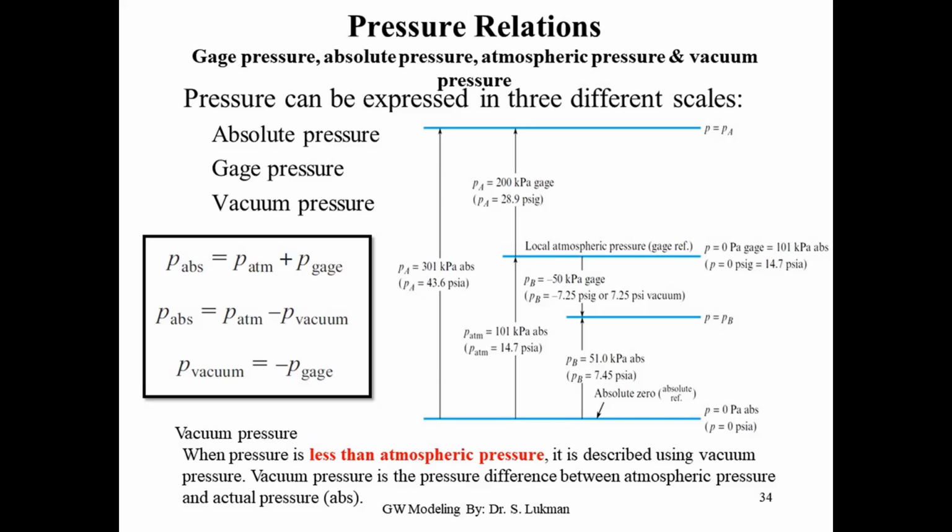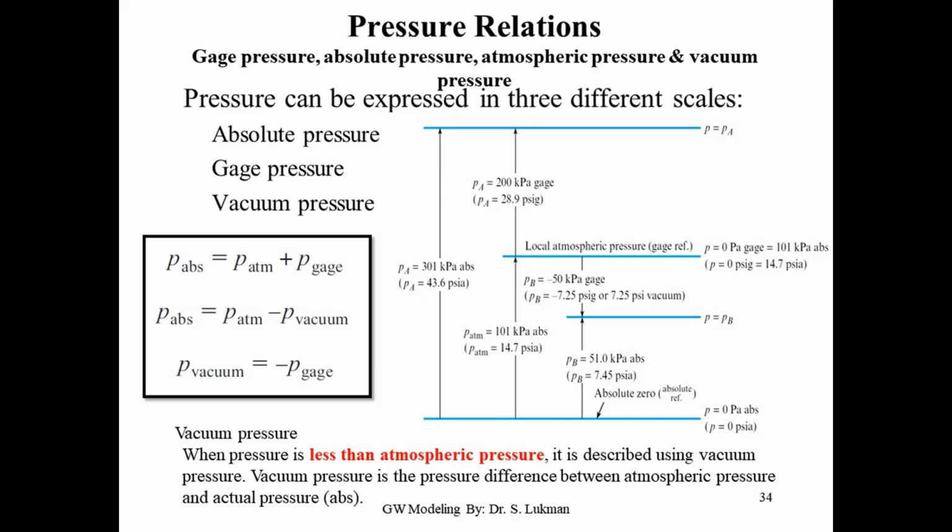Are you following? Now, what about when you go below the atmospheric pressure? Gauge is zero here, so below the atmospheric, gauge is going to be negative, because anything below this reference line will be negative gauge. But what about vacuum?